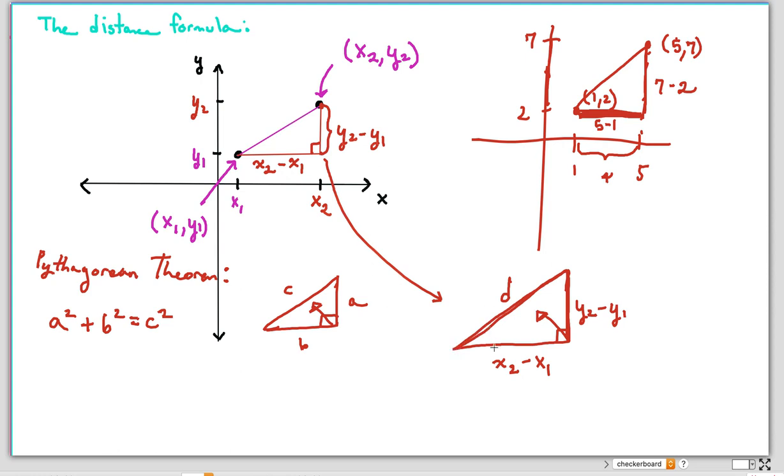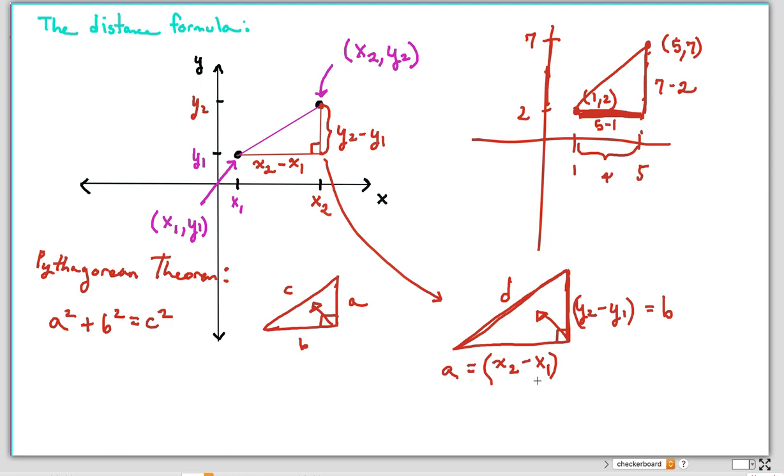So now what do I have here? Let's call this side A or B, it doesn't matter. If this side is A, and this side is B, then A squared plus B squared equals D squared. That follows from the Pythagorean theorem. This side length squared plus this side length squared equals this side length squared.